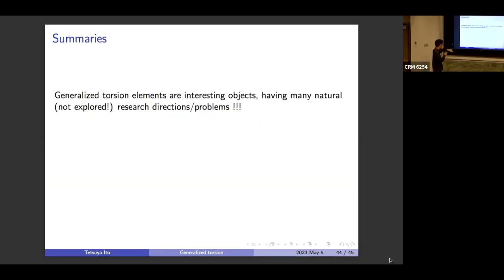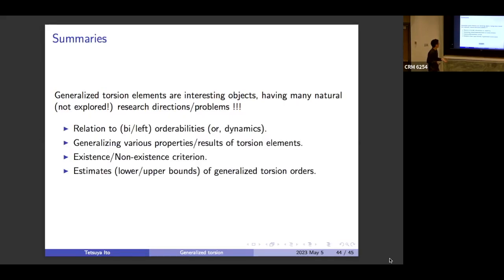Okay, this is a summary of my talk. Generalized torsion elements are interesting objects, and I presented many questions. I hope that some of you find them easy to solve, so please solve these questions. There are many natural and unexplored research directions, related to bi-orderability, generalizing various properties to torsion elements, and existence and non-existence criteria and estimates.